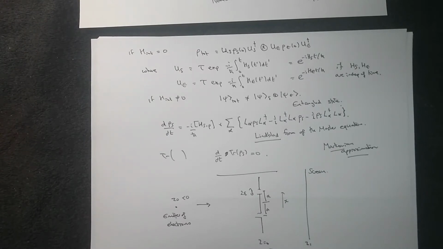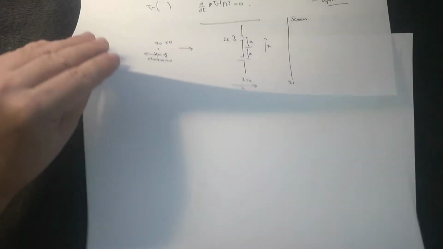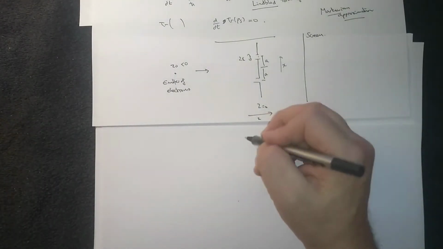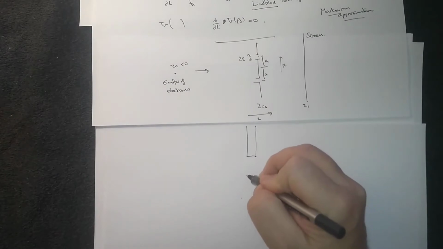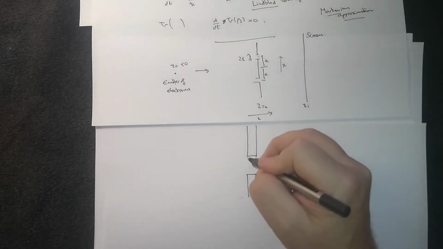This might be a light shining at the slit with a sensor detecting whether an electron has scattered the light. A close-up of the barrier might look something like this. We're going to call this region here X.